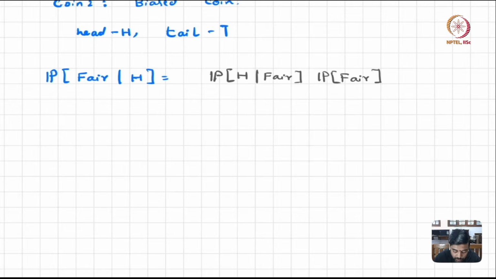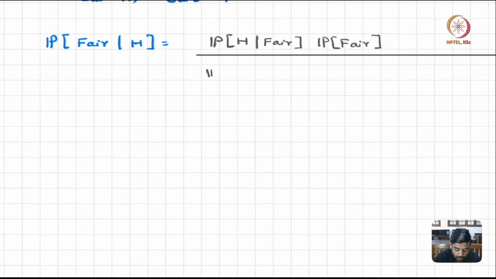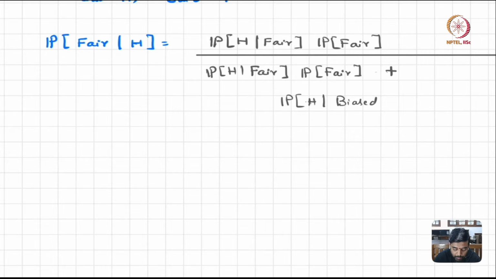This is the numerator, divided by, in the denominator, two terms. The probability of head given that it's a fair coin times the probability of a fair coin, plus the second term, the probability that I have a head given a biased coin times the probability of getting a biased coin.